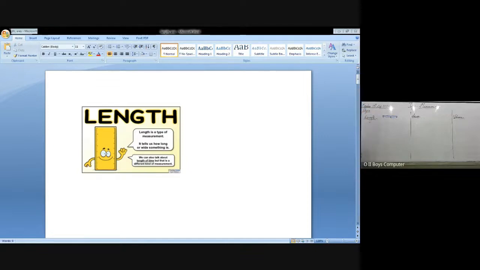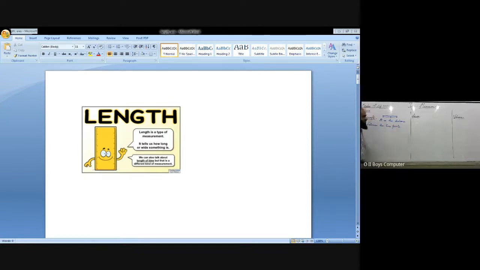So, if we look at it this way, how can we define the length? The length is the distance between the two fixed points.